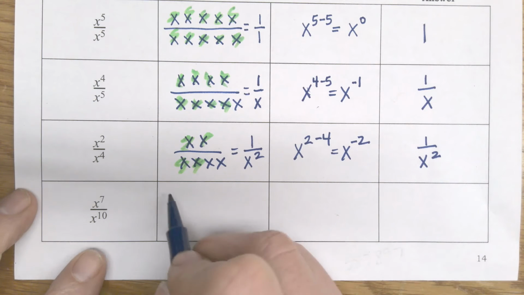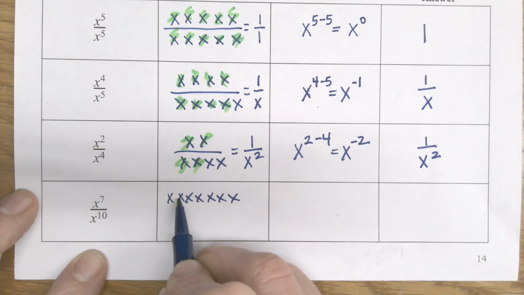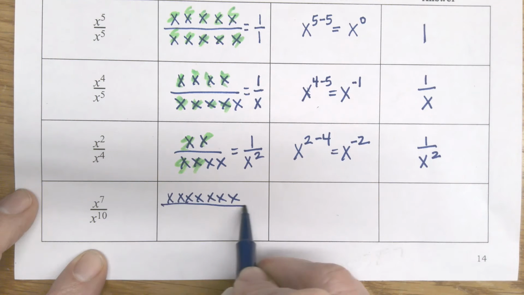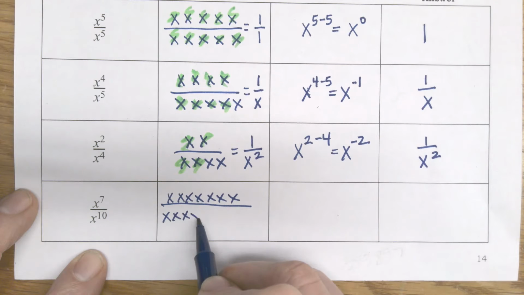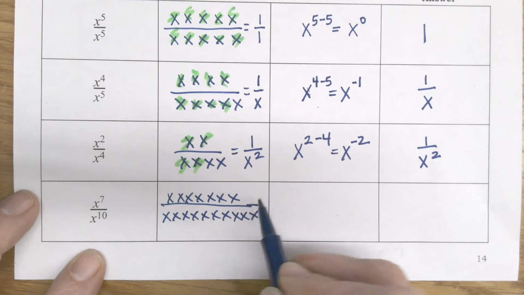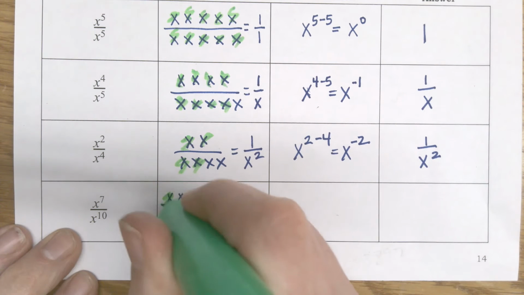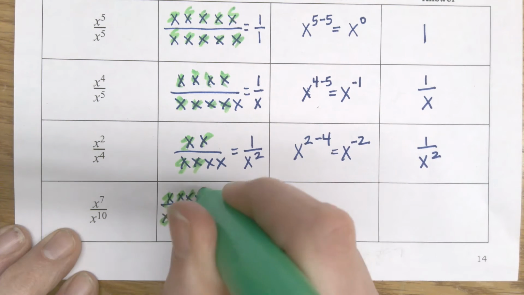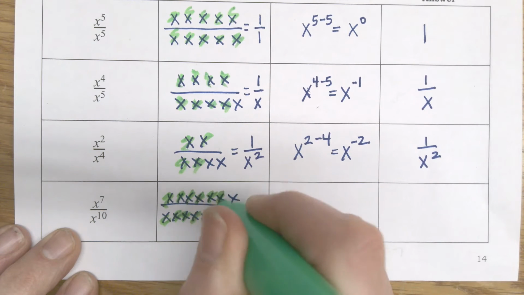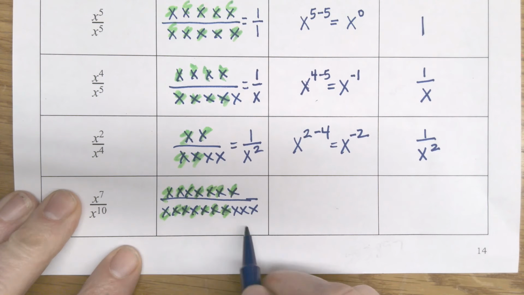So my last one, I have 7 x's on the top. 1, 2, 3, 4, 5, 6, 7, and 10 on the bottom. Okay, and then I'm going to go through again and do my crossing out. For every 1 on the top, I cross out 1 on the bottom. You might be able to start doing that in your head a little bit. Know that I can cross out 7 on the top and 7 on the bottom.